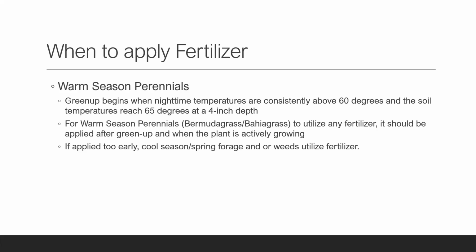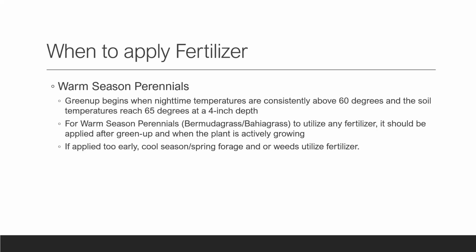So this next point here for warm season perennials, and in this case, talking about Bermuda grass and Bahia grass, to utilize any fertilizer, it should really be applied after green up when that plant's actively growing. And so what happens many times in our pasture situations specifically, maybe not so much in a hay meadow situation, but in a pasture situation, we've got a lot of volunteer ryegrass coming up right now in a lot of areas.